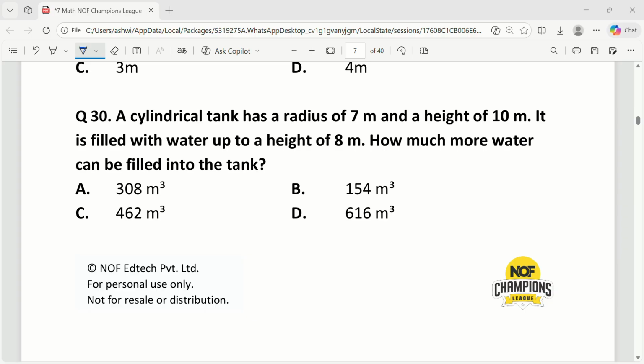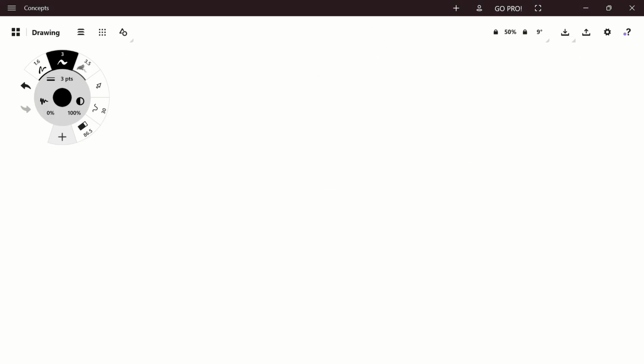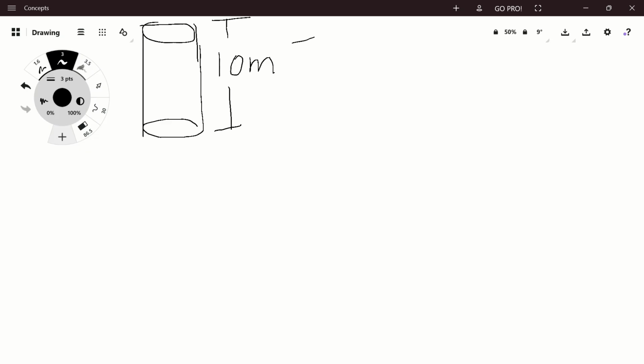Question 30. A cylindrical tank has a radius of 7 meter and a height of 10 meter. It is filled with water up to a height of 8 meters. How much more water can be filled into the tank? So the full height of the tank is 10 meters. It is filled up to 8 meters.